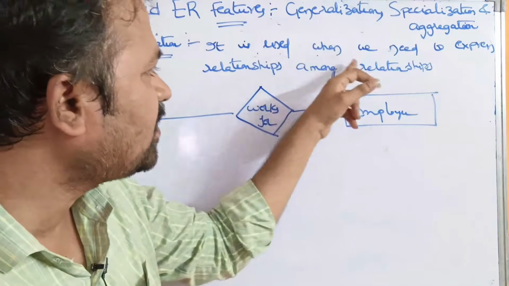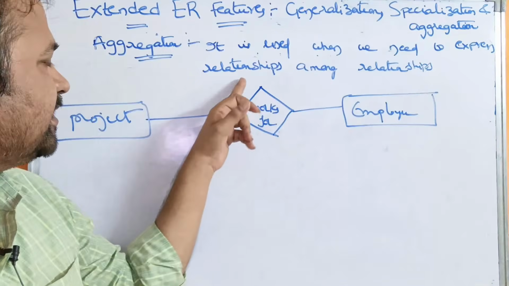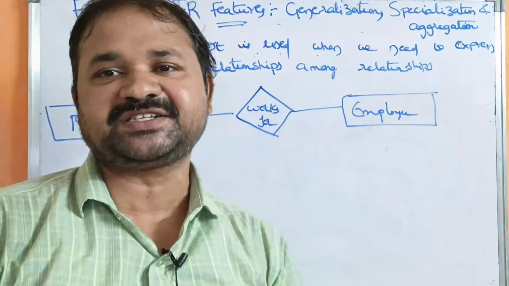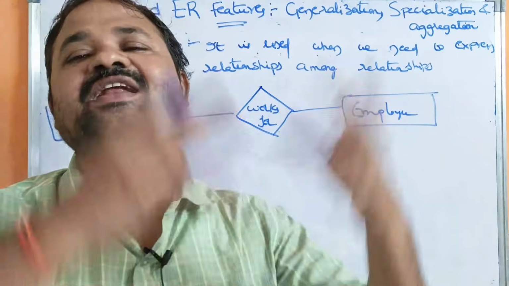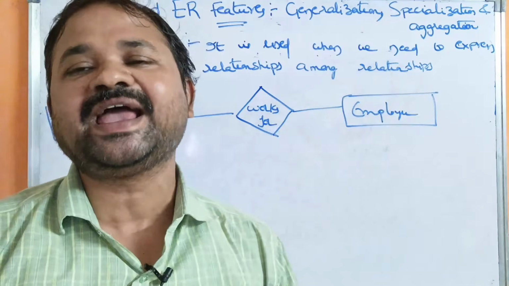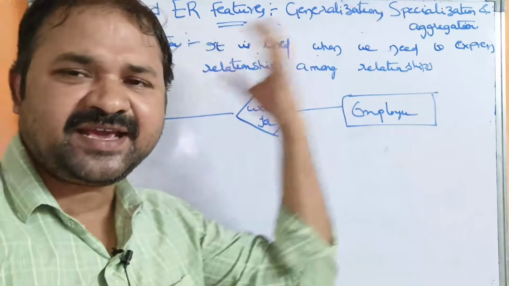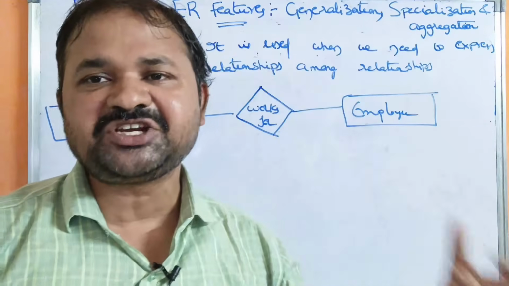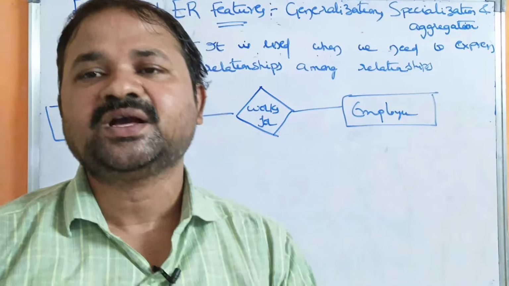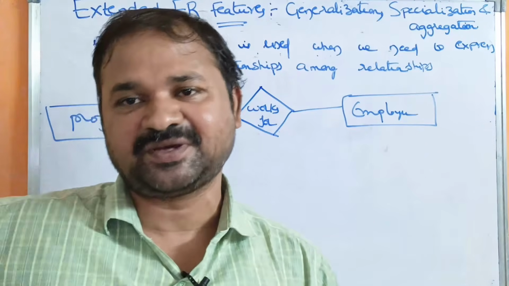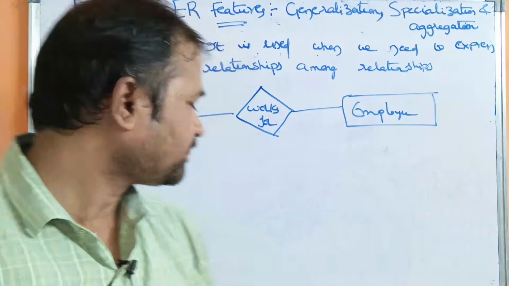It is useful when we need to express relationships among relationships. Previously, in generalization as well as specialization, we used the ISA relationship. That is not needed here.